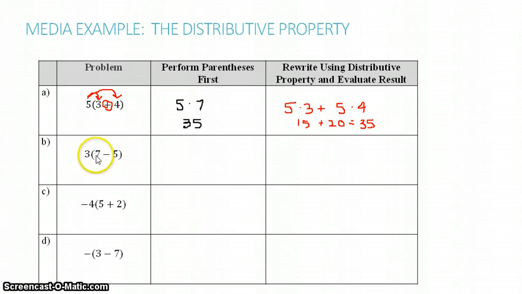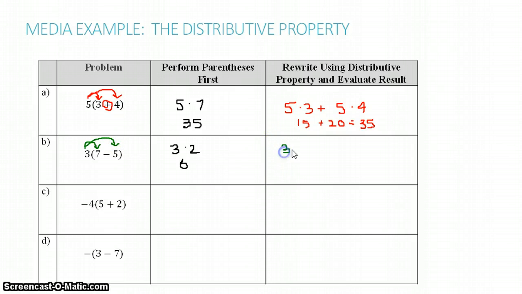3 times the difference of 7 minus 5. So if we do the parentheses first, we have 3 times 2, and 3 times 2 is 6. Now distributing, we're going to multiply the 3 times the 7, and then subtract off the 3 times the 5.